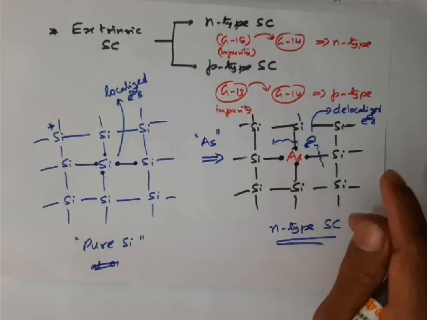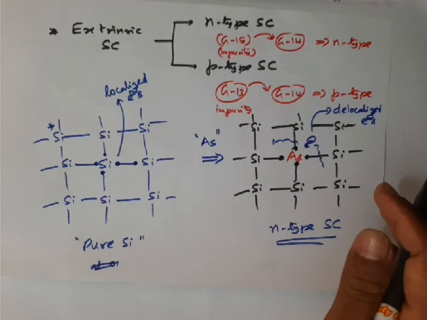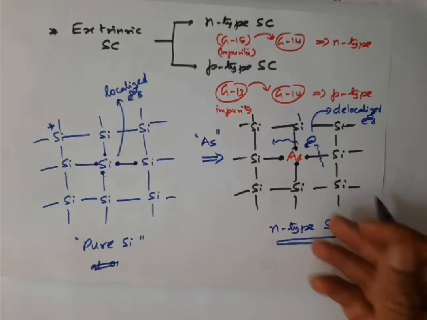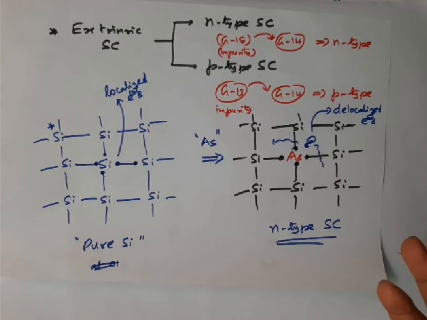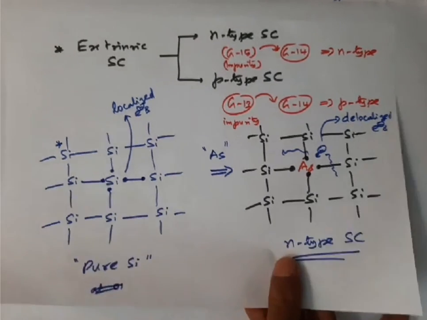So in semiconductors, especially in N-type, we have delocalized electrons. These delocalized electrons are responsible for the electrical conductivity. Is this clear, students? Any doubt?